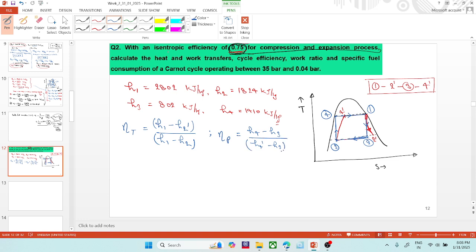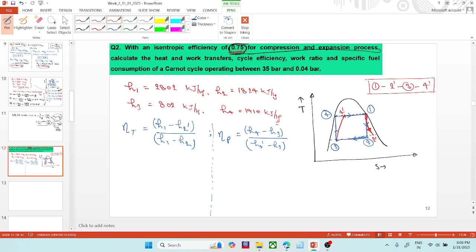Okay, so this is the ratio of the ideal work to the actual work. Whereas in case of the turbine, this is the actual work out to the ideal work out. Okay, so if you are confused somewhere, you can think of these efficiencies as always the ratio of lower work to higher work.